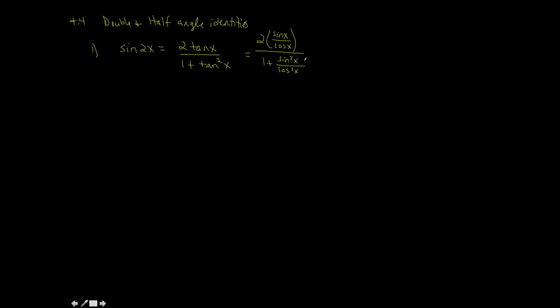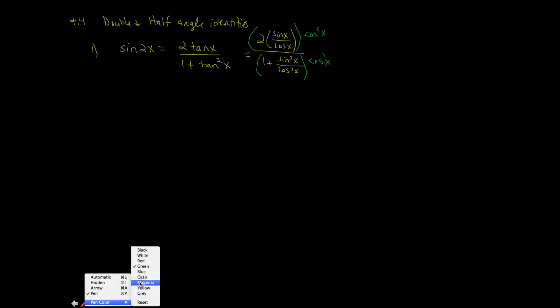Alright, well, we've changed it to sine and cosines. Now I see a complex fraction. So what I'm going to do is multiply the numerator and the denominator by cosine squared x. That will clear my fractions so I don't have a complex fraction anymore.